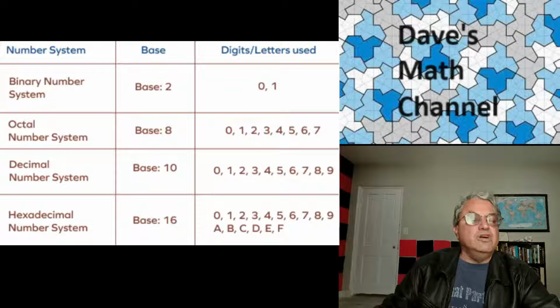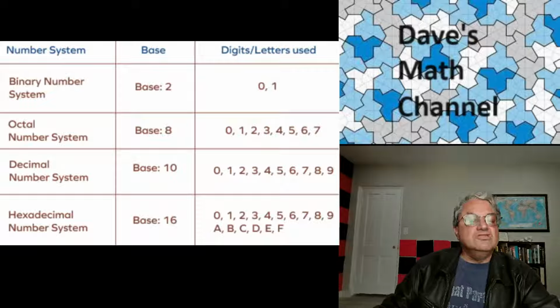Octal and hexadecimal, the other two number systems shown on this slide, are also used in computer programming a lot because they're very closely related to base 2. Since 8 and 16 are both powers of 2, 8 is 2 cubed and 16 is 2 to the fourth power, it turns out, as you'll see later, that it's very easy to convert between binary and octal or hexadecimal.